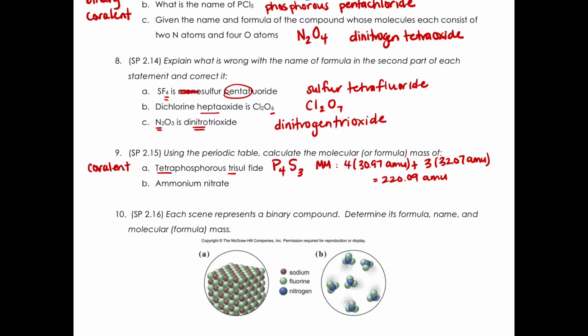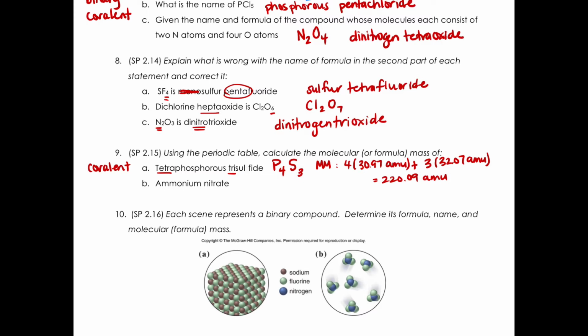And almost all of the atoms on the periodic table are listed to atomic masses of 4 significant digits, which for many of them mean that they're going to have 2 decimal places to the right of the decimal point, which means we want to maintain that in terms of the significance in our final answer. So our final molecular mass will actually gain a significant figure because of how the math is performed there.